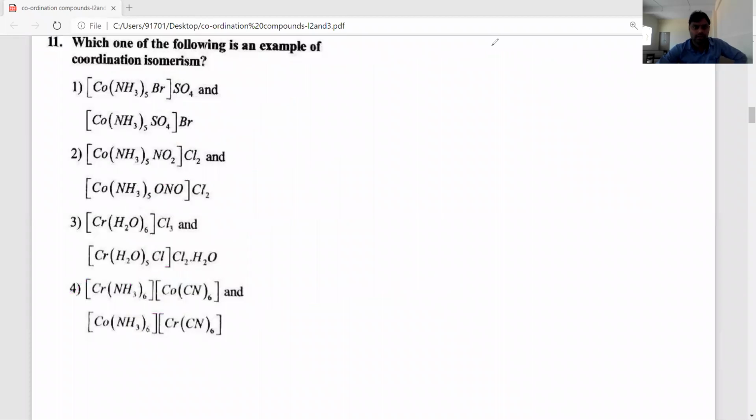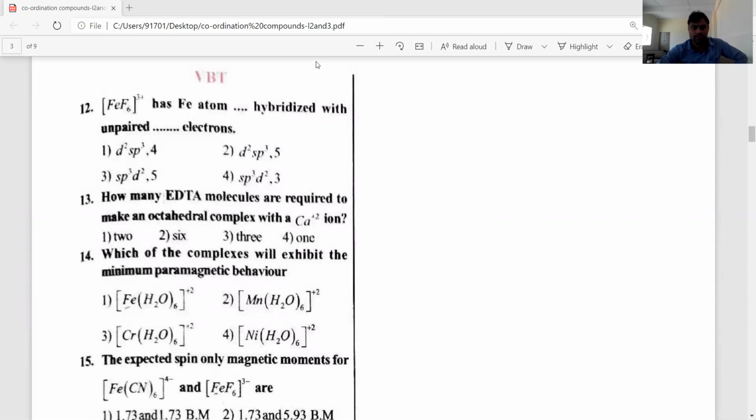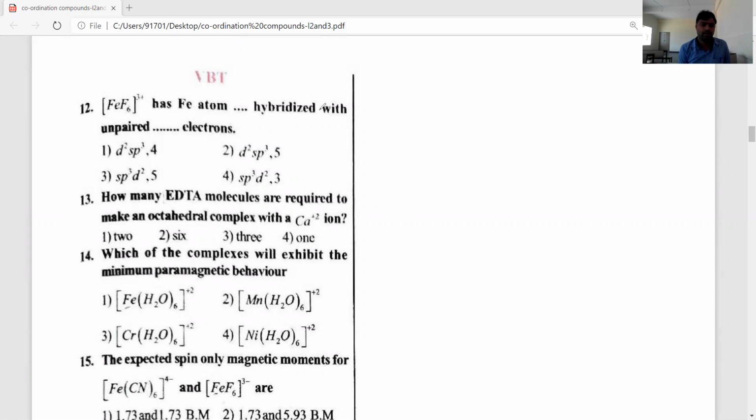Let's see the 12th question. These are all very, very important, dear students: VBT theory and CFT theory, crystal field splitting theory. This kind of question is very important, and one question is compulsory, guaranteed for JEE and NEET also. [FeF6]3-.